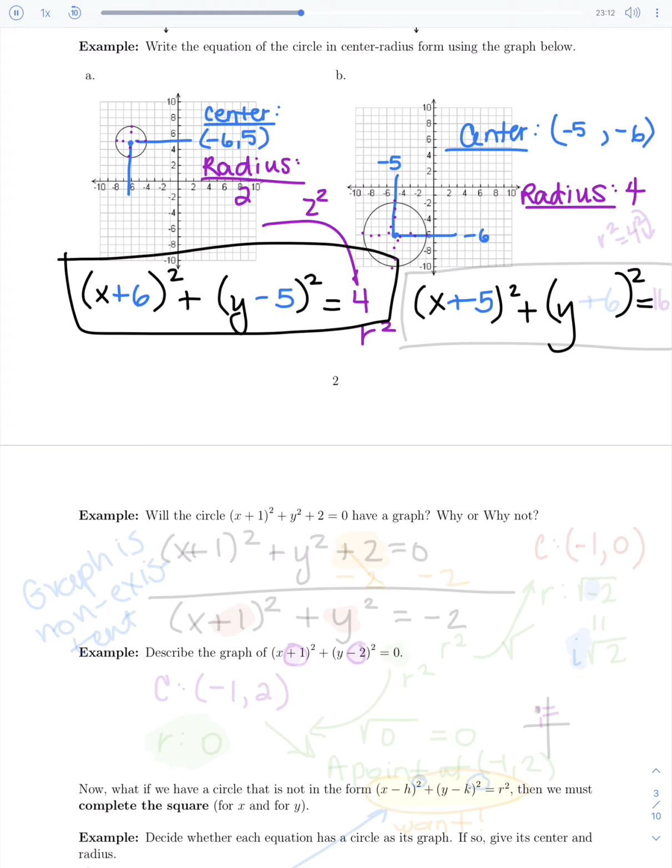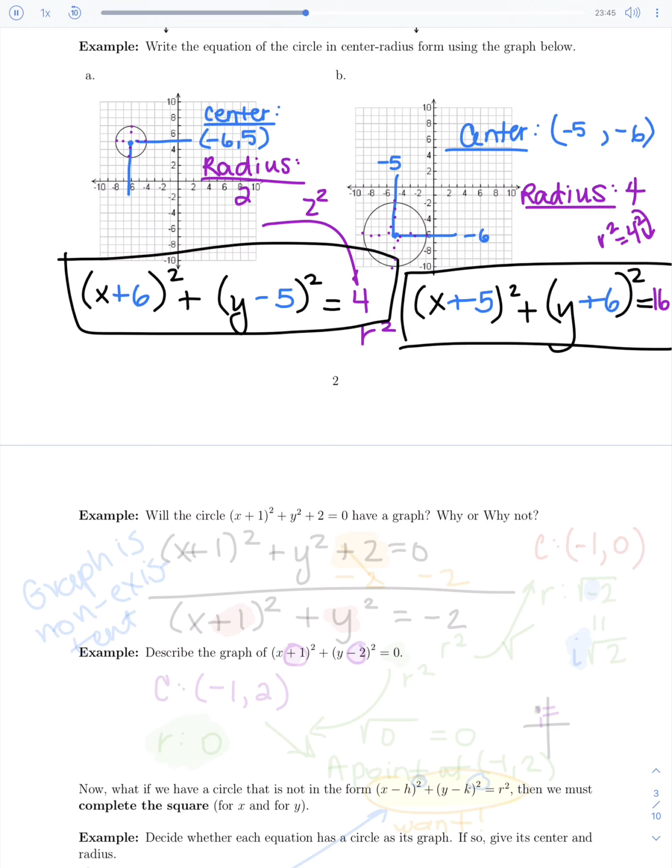We've got a -6 for the y's on the center, so we'll do the reverse, it'll be a +6. And on the other side, remember, the radius is squared. So that means 4 squared, which will give me 16. Do the math. Don't leave it as a 4 squared. And that's our final answer. We've got x + 5 squared plus y + 6 squared equals 16. And we're done.